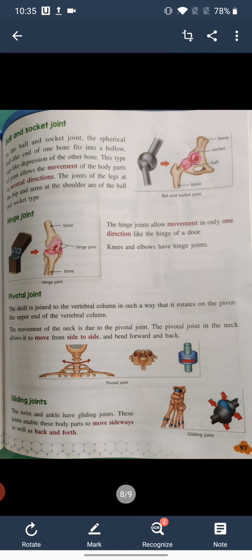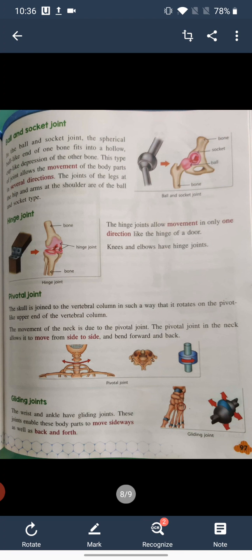So how many kinds of joints have we studied? First, fixed joints, or immovable joints. They don't move. The main function of these joints is to protect the soft internal organs. For example, the bones of the skull are held together, which helps to protect the brain.